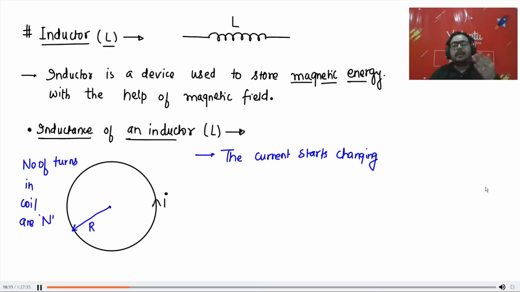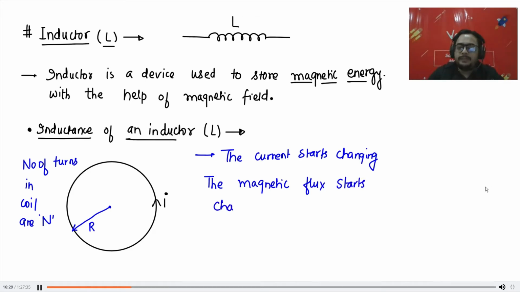The magnetic field due to this loop is obviously cutting this loop, so there is flux of magnetic field. If you change the current, the magnetic flux starts changing, because the current changes, the magnetic field changes, which changes the magnetic flux.